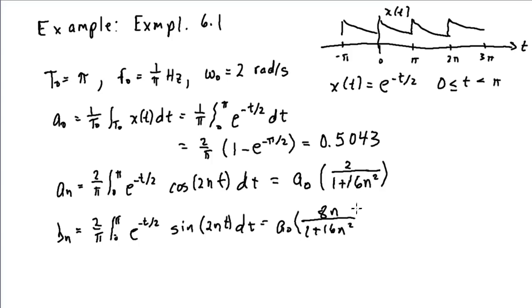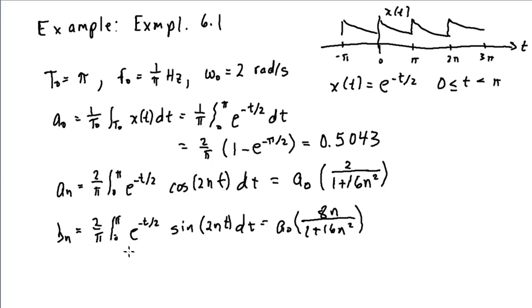And we see also for the Bn that they become smaller and smaller as n increases. They don't decrease quite as rapidly as the an coefficients. The an coefficients go towards 0 as 1 over n squared. The Bn coefficients will actually go towards 0 with increasing n as 1 over n.